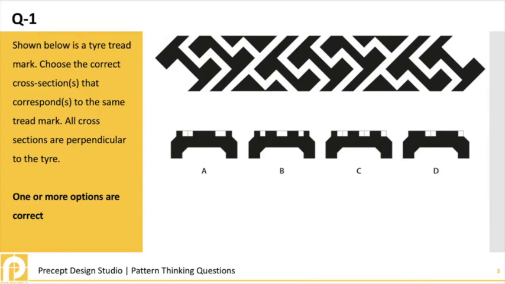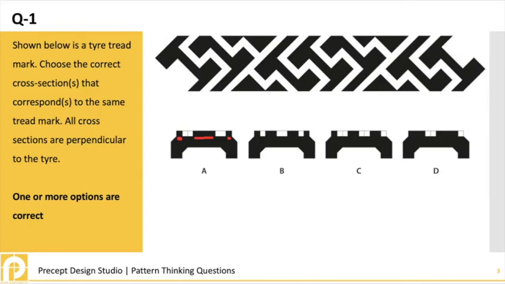Now, what is given in the options? In the options, what you're provided are various cross sections of the tire. So when I look at option A, we are looking for a cross section where there is a smaller cross section, a longer cross section, and another smaller cross section. That's what we are looking at. Now, where do we find that?